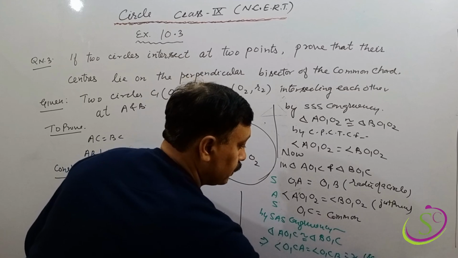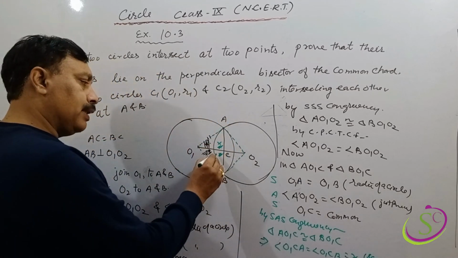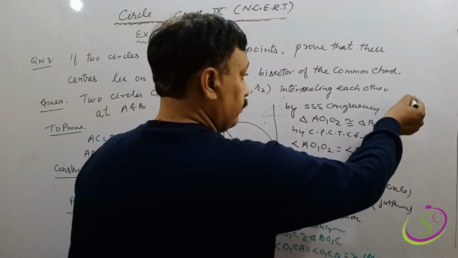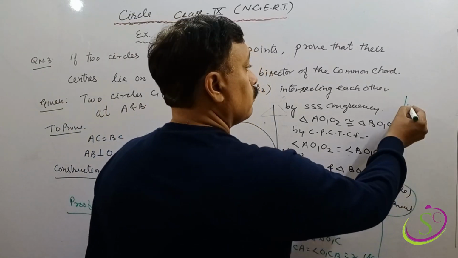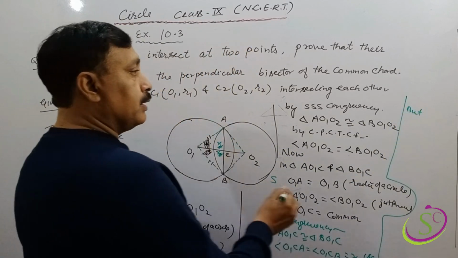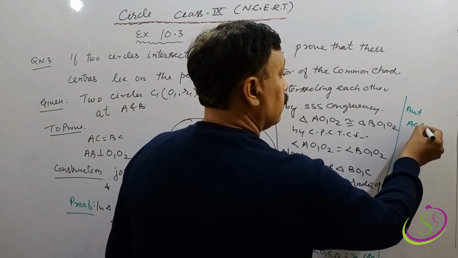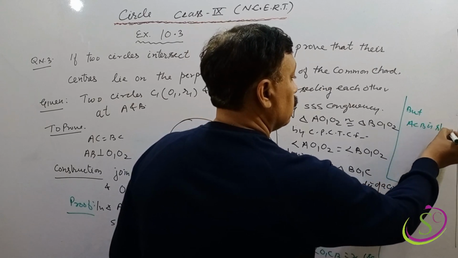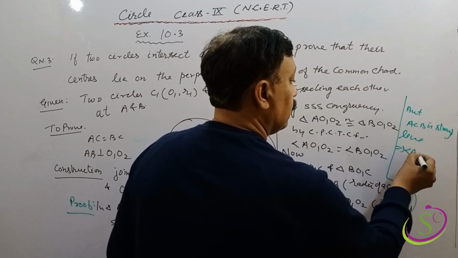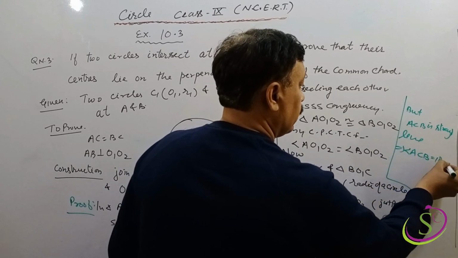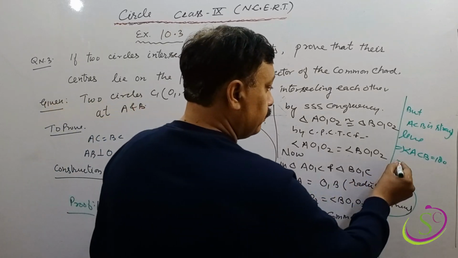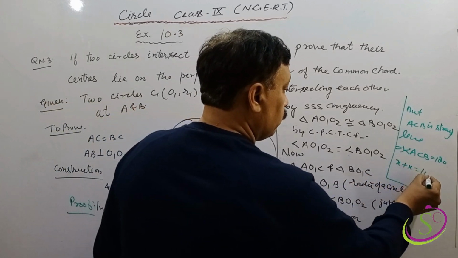Let me suppose this angle is x and this angle is also x. Clear? But ACB is a straight line. ACB is a straight line, implies that angle ACB equals 180, and angle ACB is x plus x equals 180.